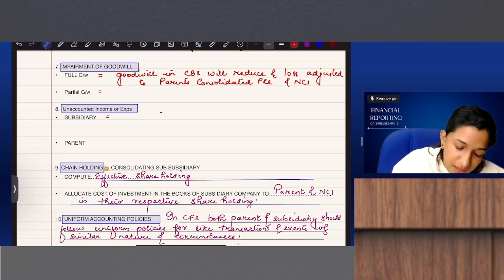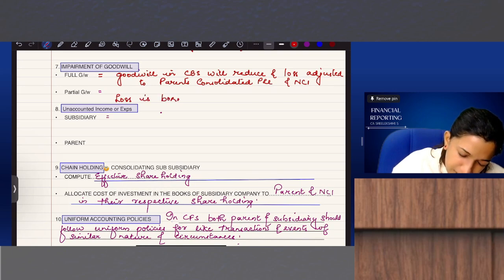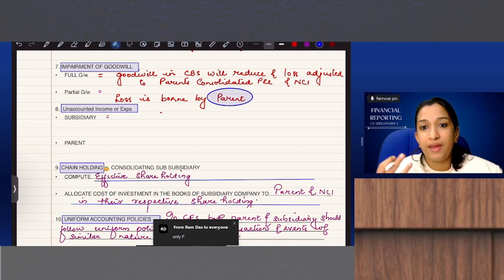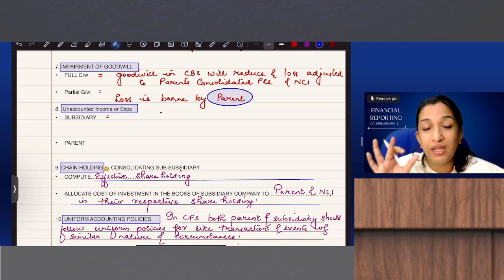Partial goodwill: loss is borne by parent. Sometimes they will give you the amount impaired.